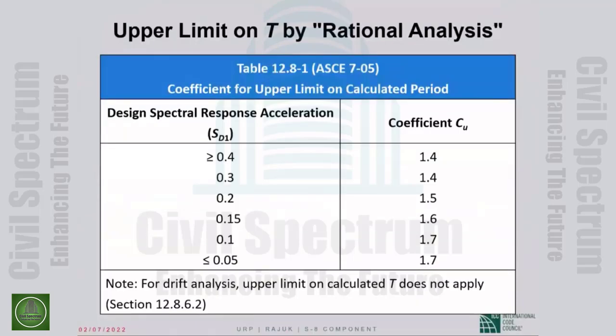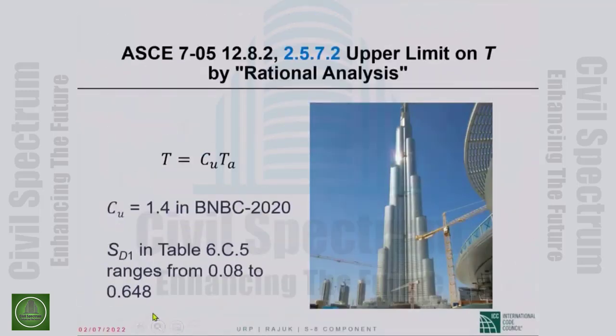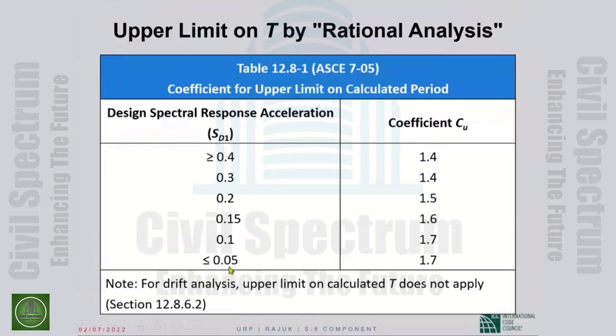Now, in ASCE 7, C sub U depends on the value of S sub D1. And in low seismic areas, we can go up to 170% of the approximate period. Okay. In BNBC, the range of S sub D1 is from 0.8 to 648. 0.8 is down here.